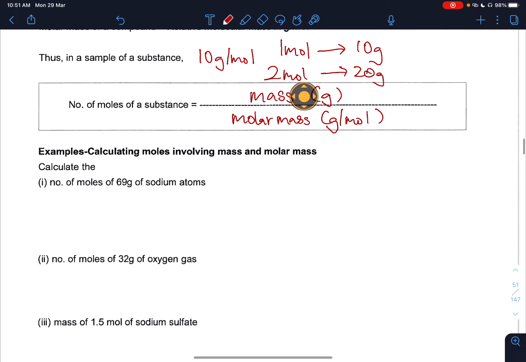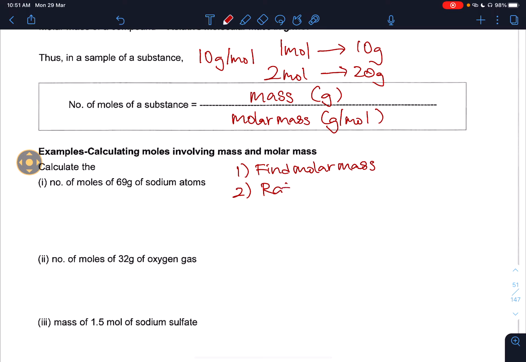When calculating the number of moles, the first step is that we must always find the molar mass. After we find the molar mass, we get the ratio, or you can use the formula, depending on what you're more comfortable with.